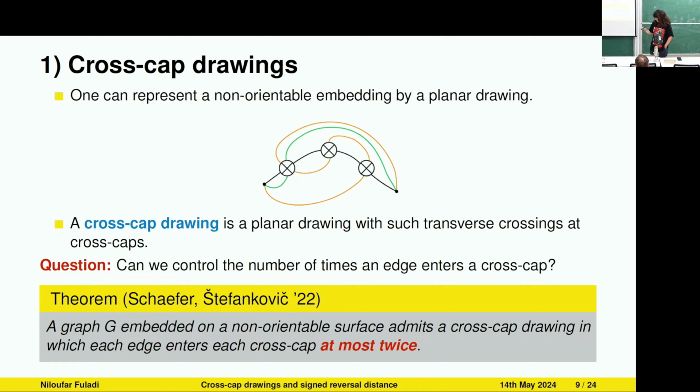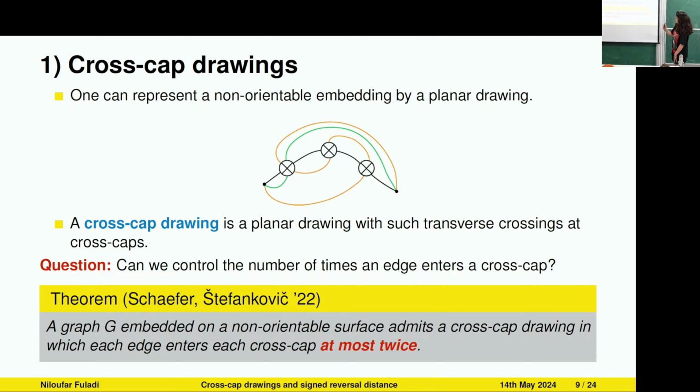It's a very nice, weird algorithm that, given any embedding of a graph on a non-orientable surface, computes a cross-cap drawing in which every edge enters each cross-cap at most twice. So we know that we can do it at most twice, but we don't know if we can do it at most once. Okay? Any questions?